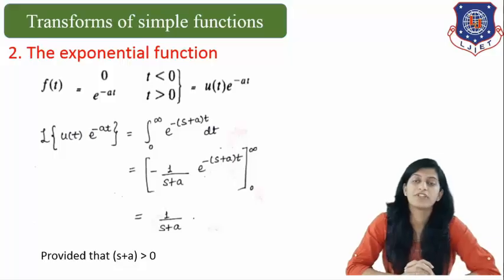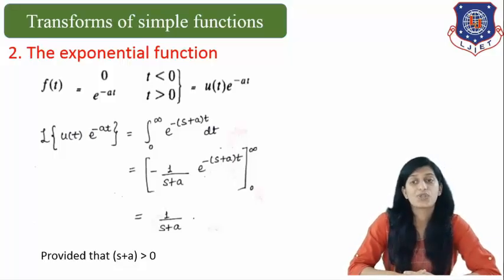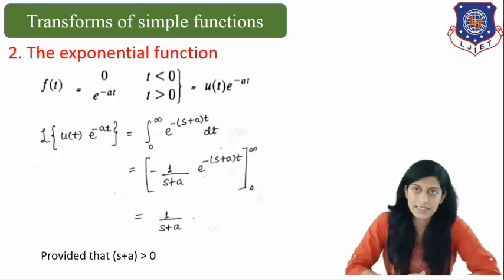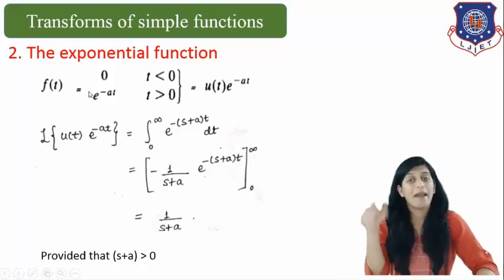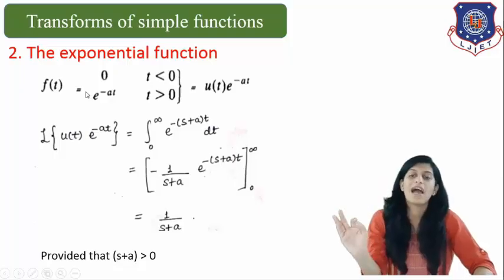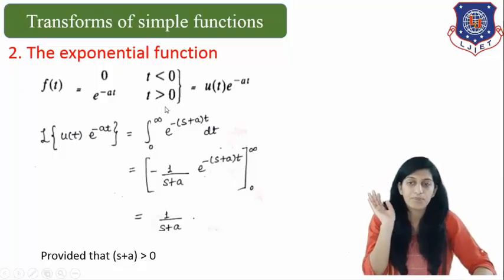The second function for Laplace transform, which is quite essential to know, is the exponential function. As you can see, f of t is equal to 0 for all the values of t less than 0, and f of t here is equal to e raised to minus at for all the values of t greater than 0.